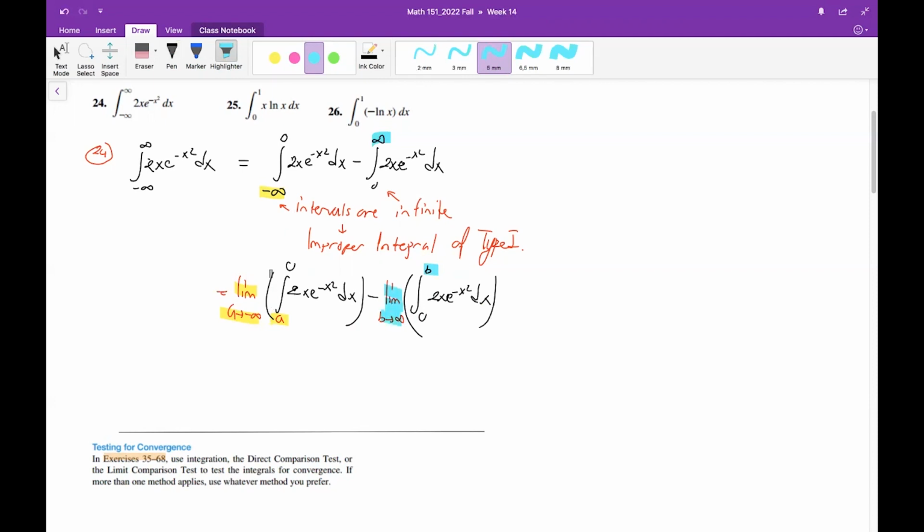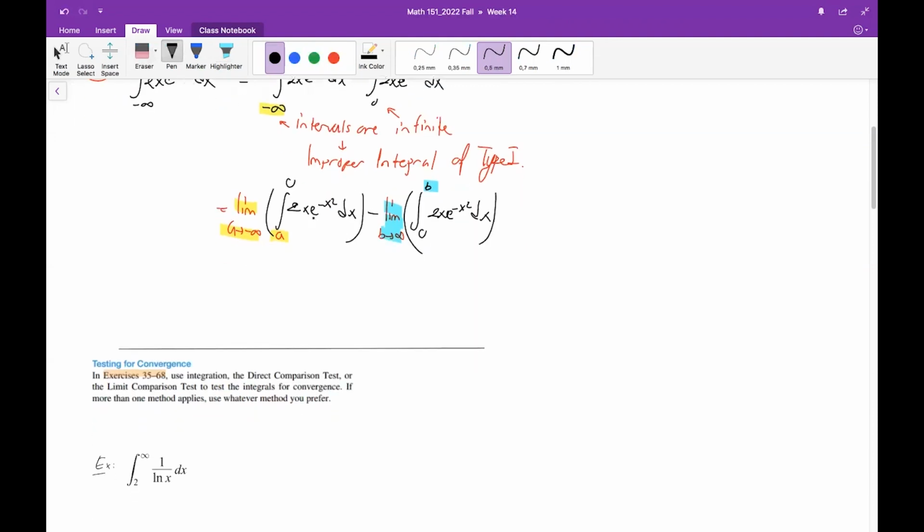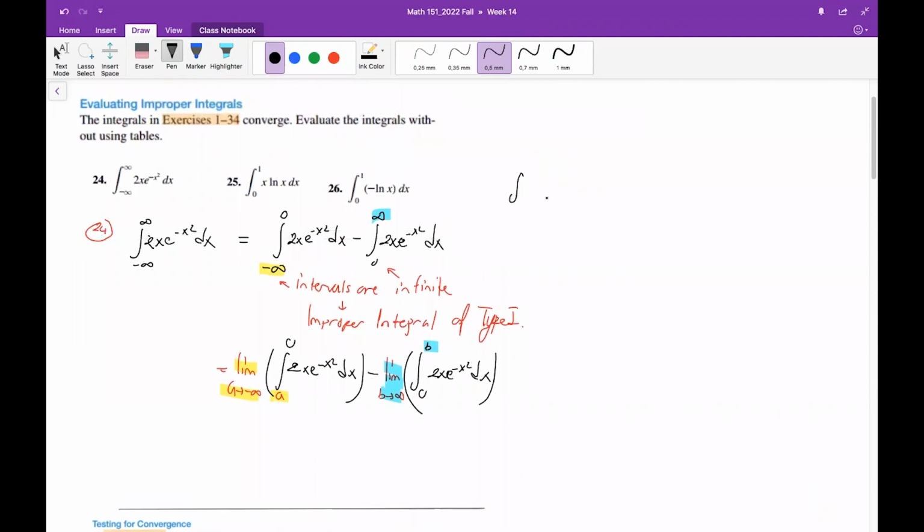Now as we have finite definite integrals inside the parentheses of limits, we can evaluate them. How do you evaluate this integral? We will use substitution to evaluate such integrals. 2x e to the power minus x squared dx.